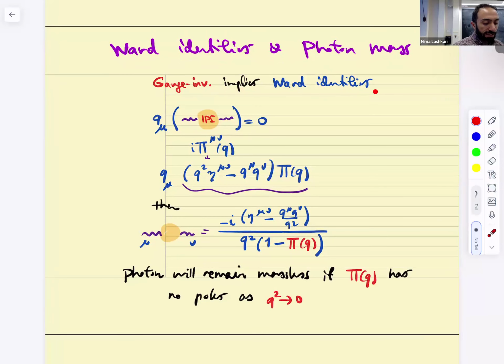Here is the Ward identity. The Ward identity implies that the 1PI 2-point propagator contracted with Q mu has to be 0. Let's call this i Pi mu nu of Q. This is what we did last time.